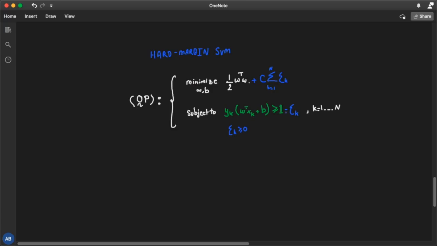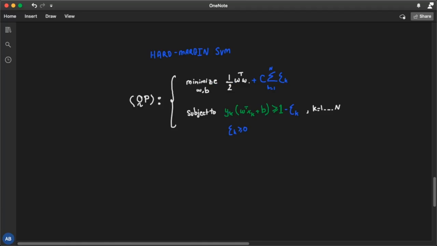However, when a certain outlier is classified in the wrong class, this psi k is going to be greater than 1. And if that's the case, then my cost function is going to increase.